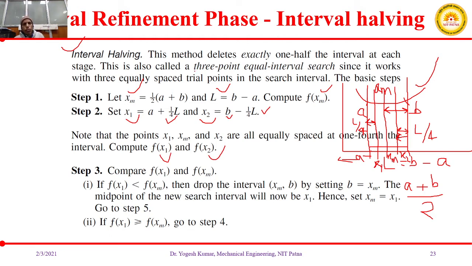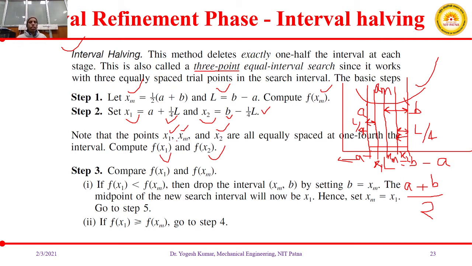That is why this is called 3-point equal interval search. So we have calculated 3 points at equal interval, and we are trying to find the value of the function at these 3 points: x1, xm and x2.